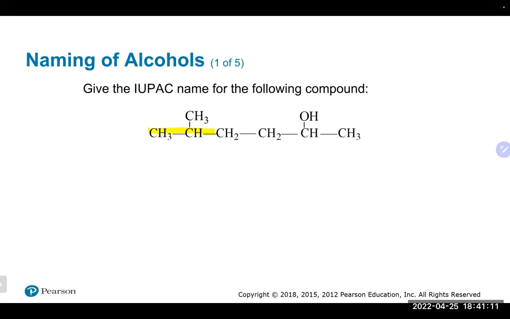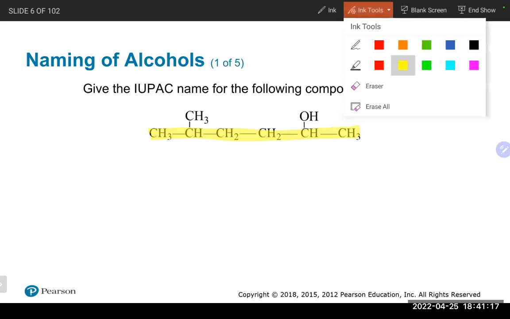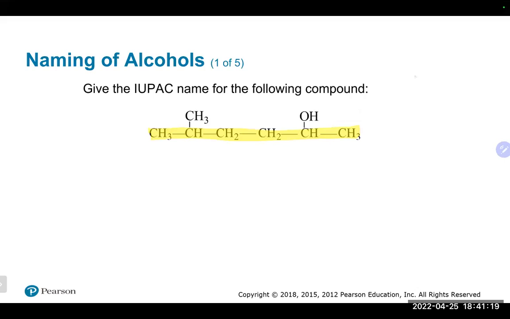So I'm just going to take the straightest 6 here. That's going to be the base of my name. So 6 carbons is hexane. Because it has the OH group, it's an alcohol, so it now becomes hexanol, right? It has one other group, which is a methyl group.